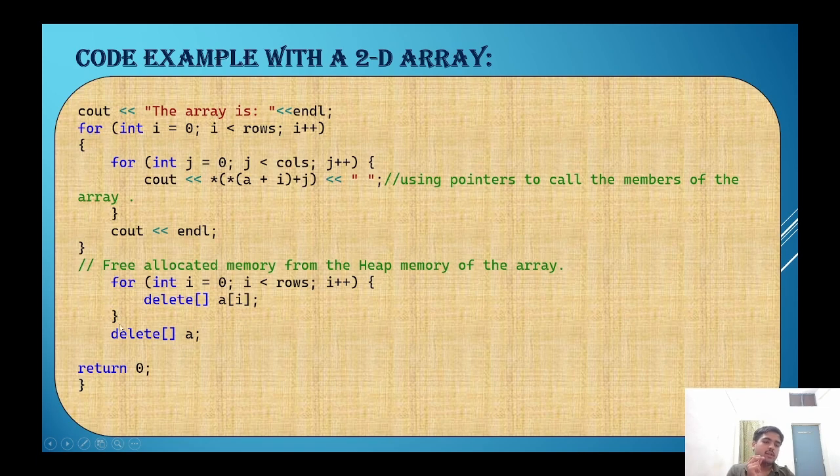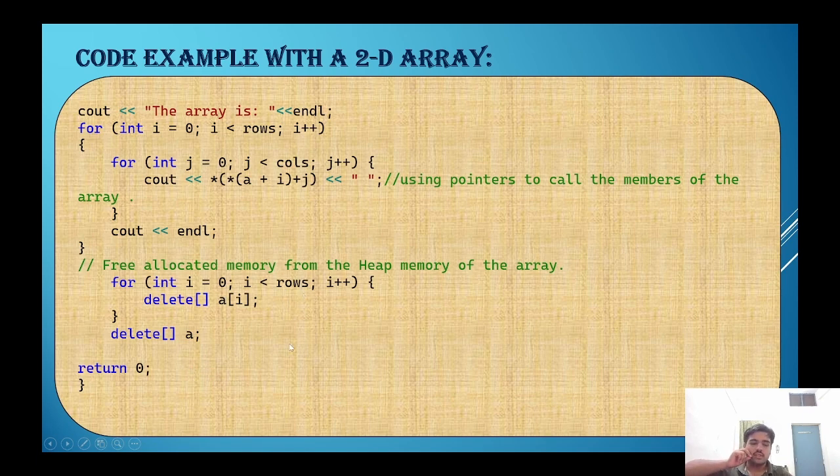Now, after deallocating each and every column, we move forward to rows. So we need to deallocate using this template, delete square bracket a, and after that all the memory is deallocated and the program runs successfully.